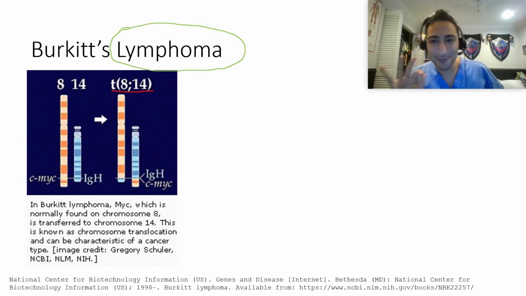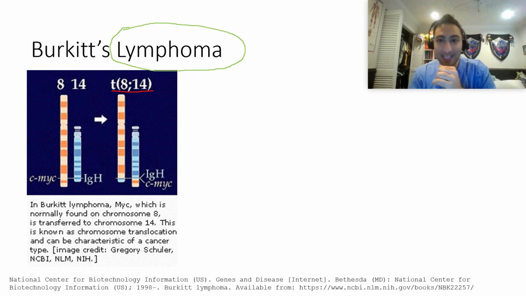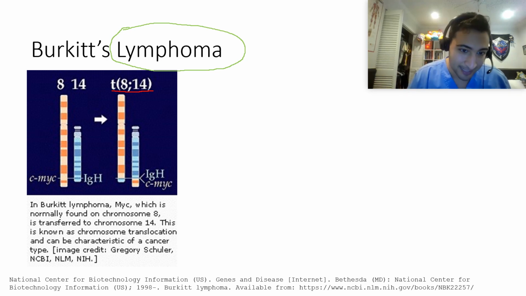We're not going to go into which lymphocytes right now, but those lymphocytic cells have a strong IgH promoter. So when you get a translocation of chromosome 8 onto chromosome 14, c-Myc is now under the influence of that strong promoter. I'm going to say this is high yield. I have seen this tested twice, and I have been explicitly asked about this translocation on rounds.